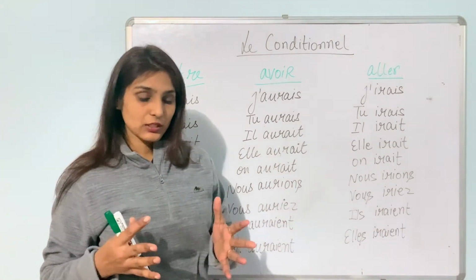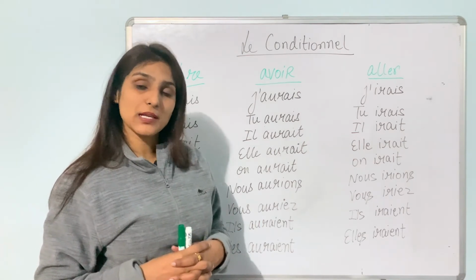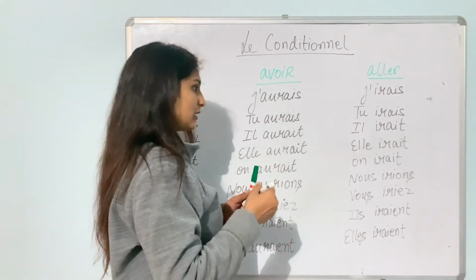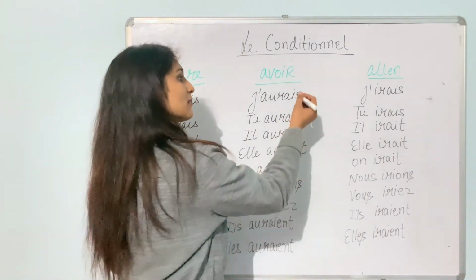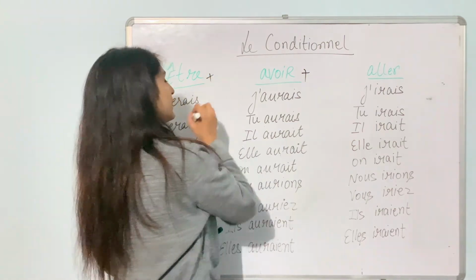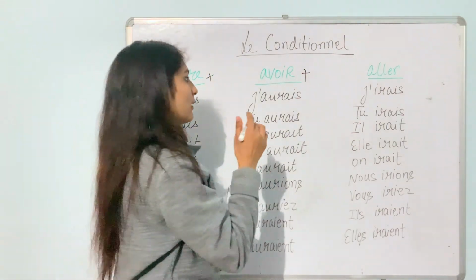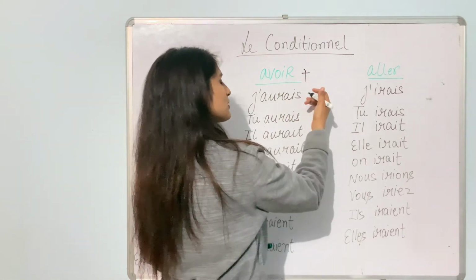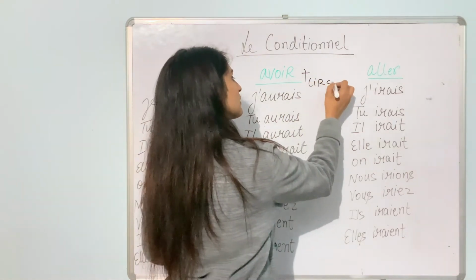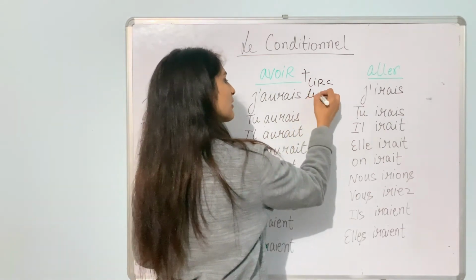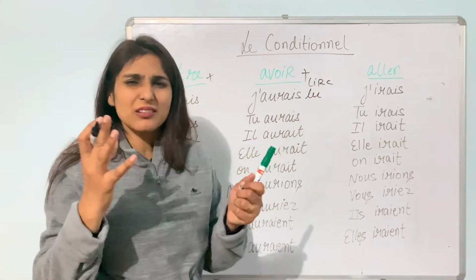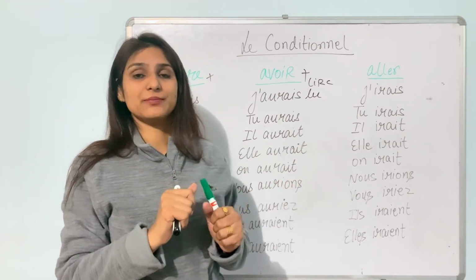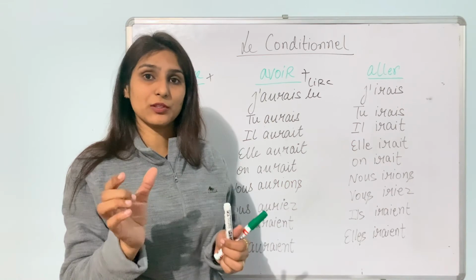There's one thing that you also find the passé composé of your conditional. You just add the participe passé form with the avoir and être forms. With your passé composé, suppose I have the verb lire. I want to say if I had read that novel, oh my god. Si j'aurais lu cet livre. For the novel you have the particular word roman.